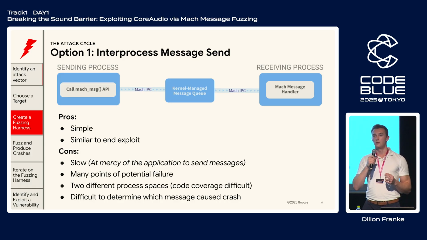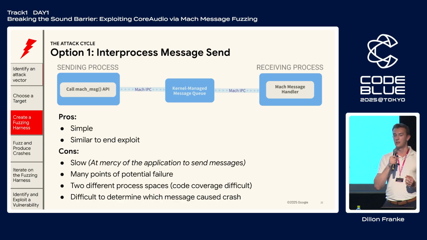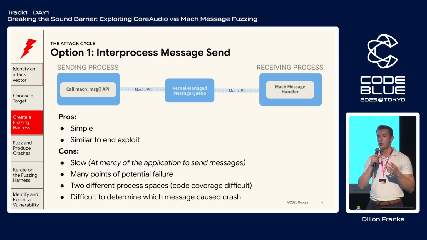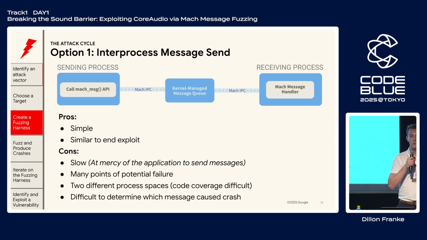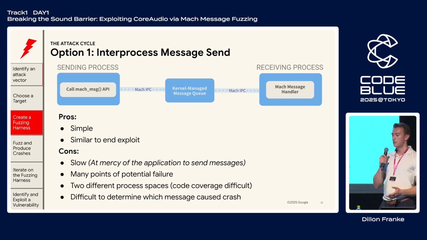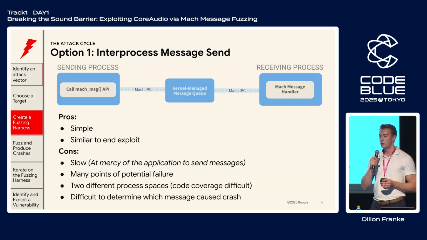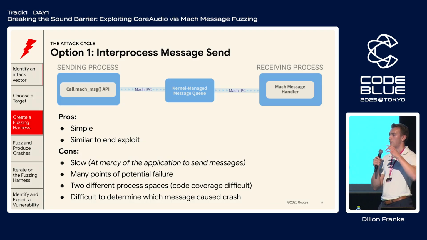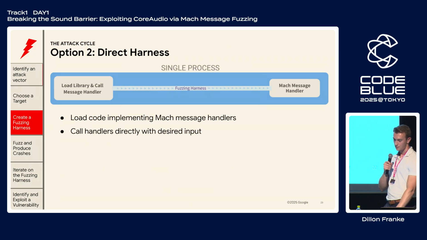And probably most importantly, we're dealing with two different process spaces here. And so that makes getting code coverage or getting information about the target and where we are actually reaching very difficult. It also becomes difficult to determine which message actually caused the crash because you have so many different ones that the kernel is processing.